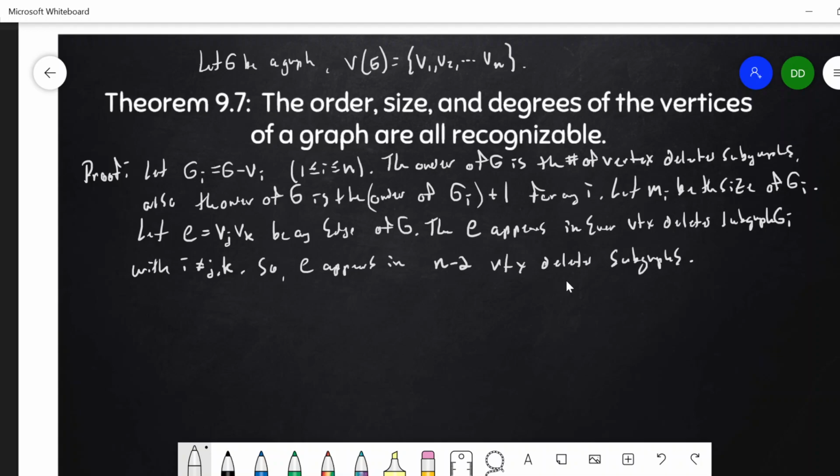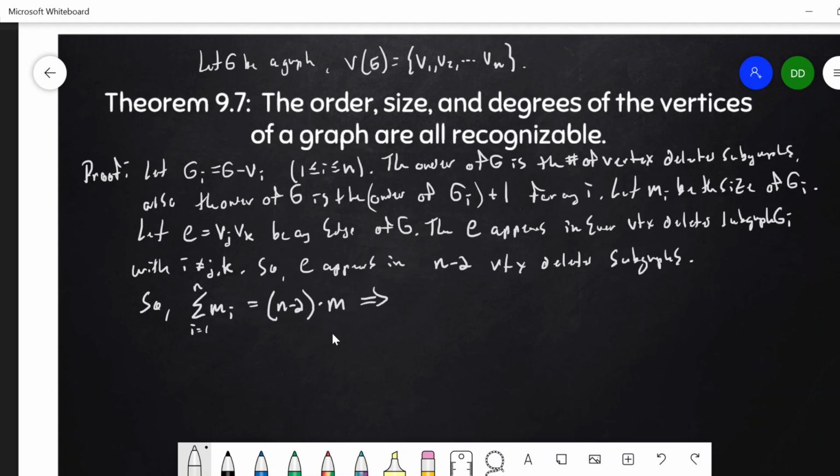So if I sum up the m sub i's, for i equal 1 to n, all of the vertex deleted subgraphs, what do I get? I won't get n times m, but rather n minus 2 times m, because I will have counted every edge exactly n minus 2 times by summing up all the m sub i's.